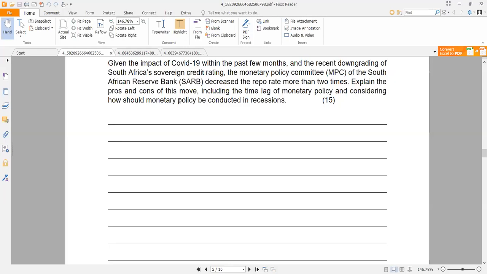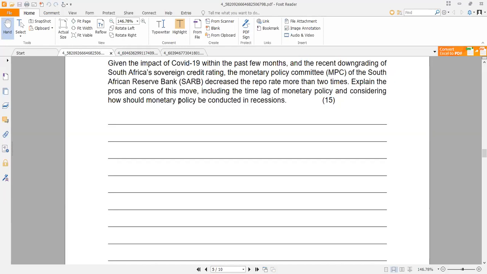What we need to explain is referred to as the impact lag. How long is it going to take for us to realize the impact lag? So in terms of the lag, you can just say the impact lag of the move by the central bank is not yet realized, isn't it?